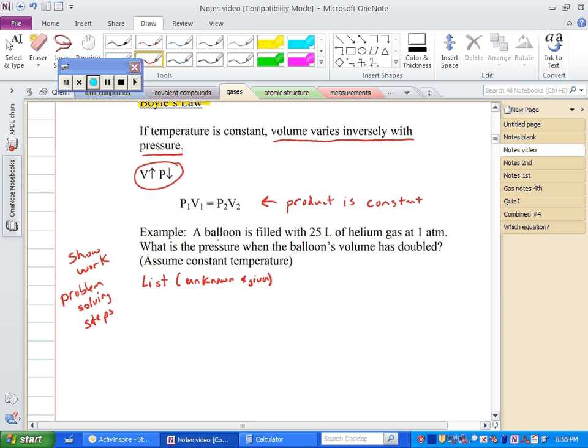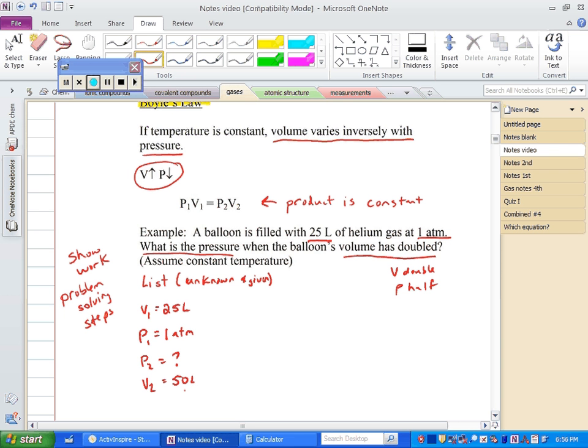That's a volume, first one I get to, at 1 atmosphere, that's a pressure, first one I get to. What is the pressure? So P2 is my unknown. Call it X, call it question mark. When the balloon's volume has doubled. Now in this one, you can probably just logic it out: volume double, pressure half. And that's true, but let's go through the work just because we would on something with more difficult numbers. So volume 2 is 50 liters.